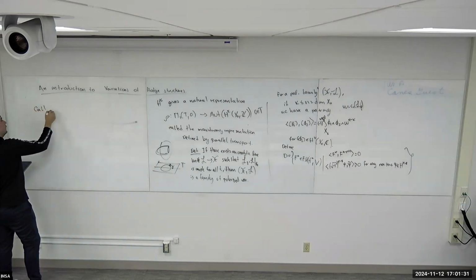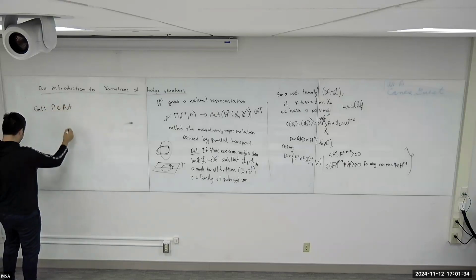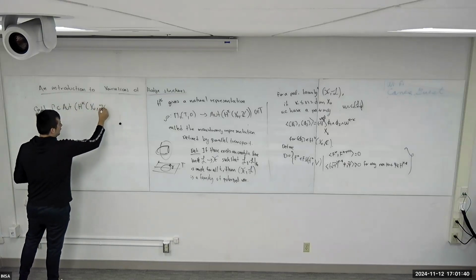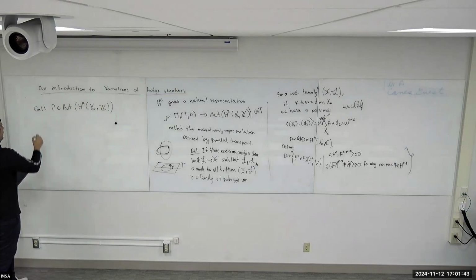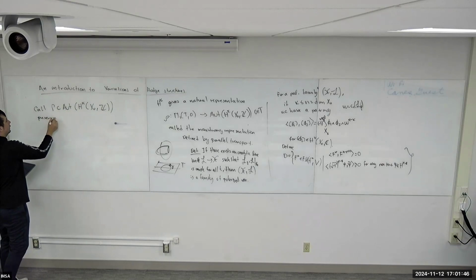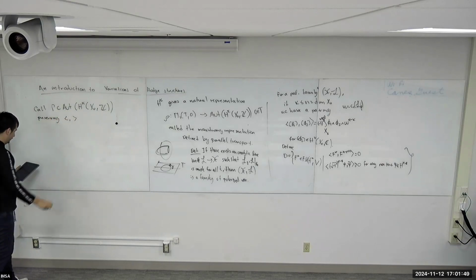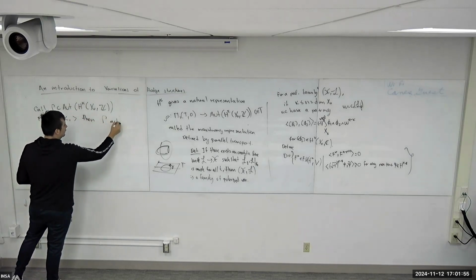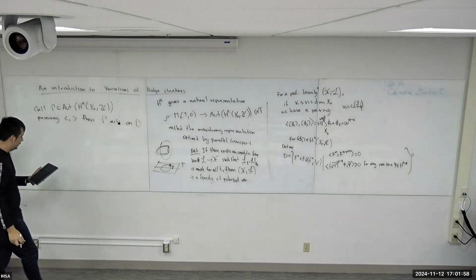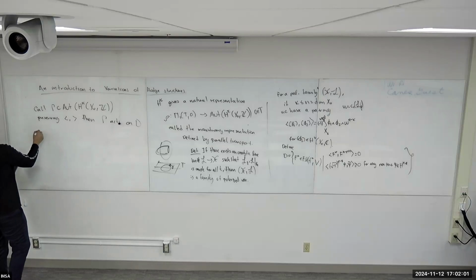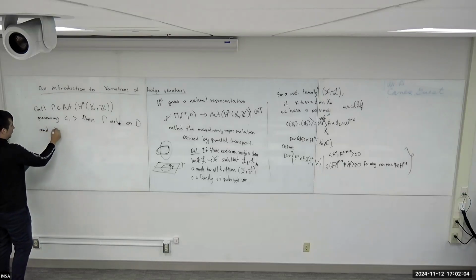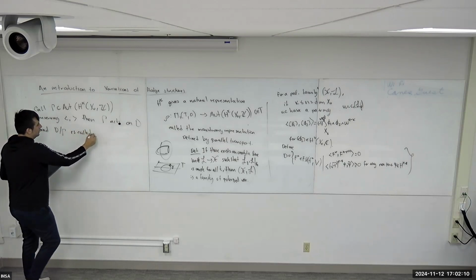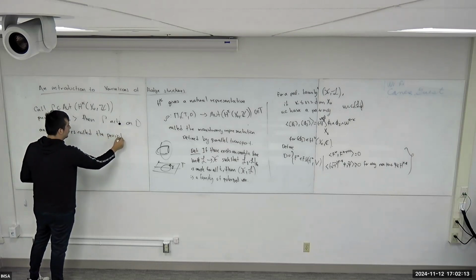But let me call gamma the subgroup of the automorphisms in HK of x0 with integer coefficients, preserving that pairing, and then it turns out that this gamma acts on this D, and we call this quotient the period domain.